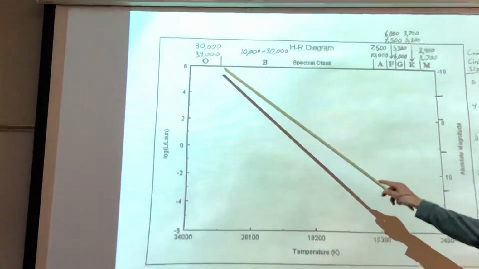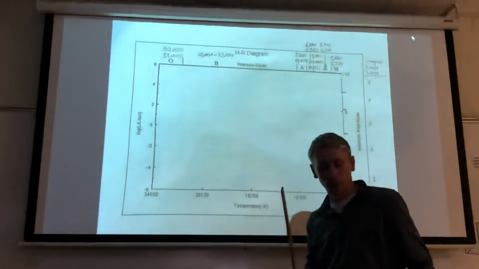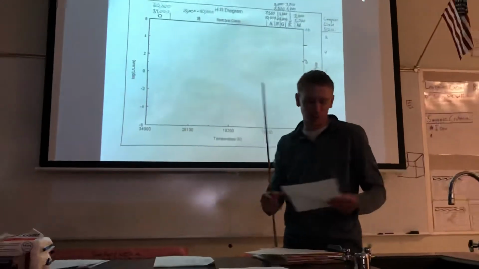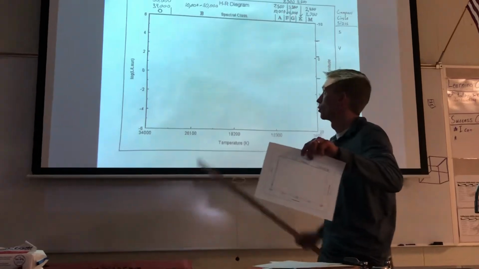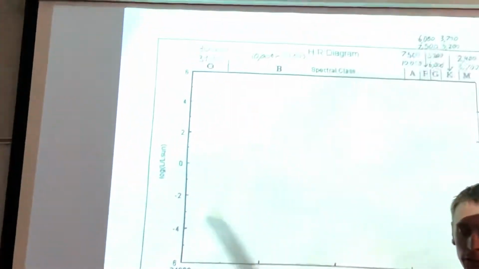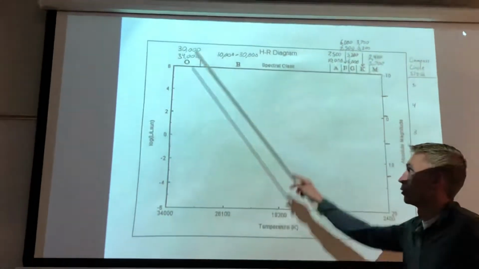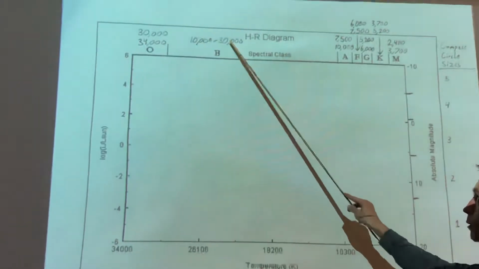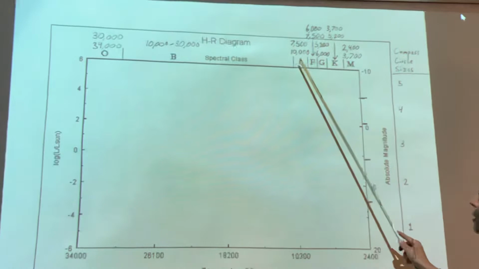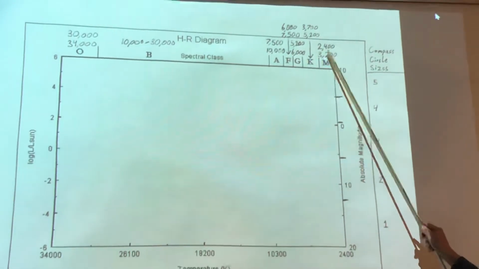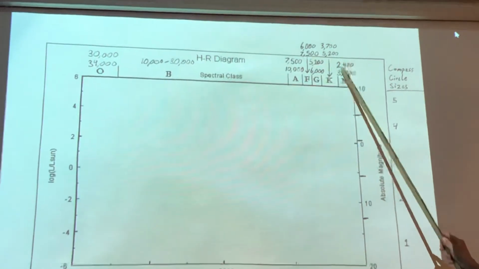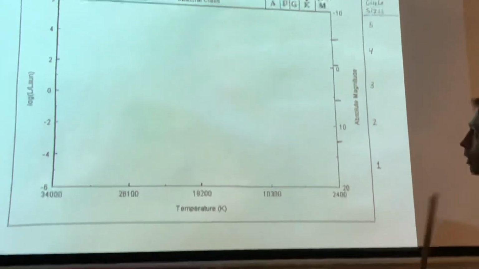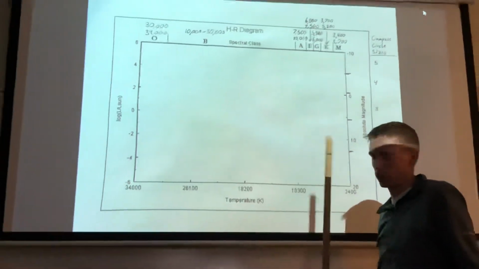So the most important thing, to make things easy for you, is to put on your handout these numbers that you're going to see in the slideshow. There's a range of numbers for spectral class O, a range for spectral class B, A, F, G, K, and M, and those ranges are written on the slide in Google Classroom.